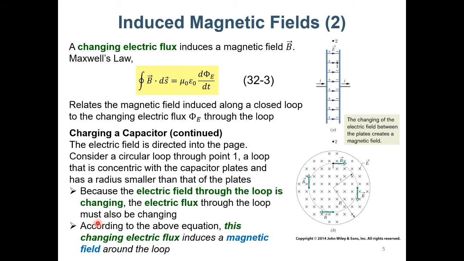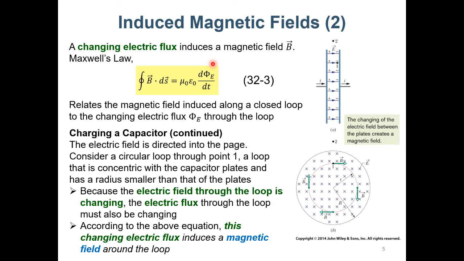Then you can see that because the electric field through the loop is changing, the electric flux through the loop must also be changing. You can imagine E is uniform, so phi E is nothing but the integral of E dot dA.